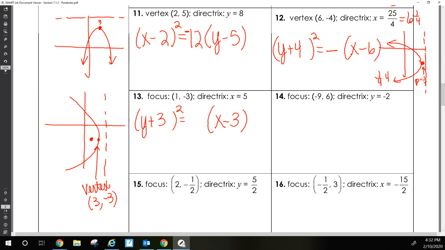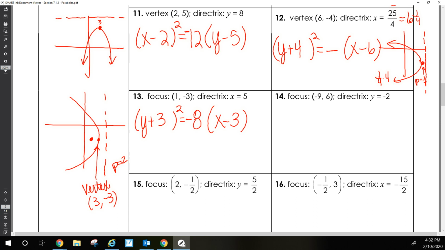What did we say the distance was between the vertex and here? Distance between 1 and 3 is 2. Distance between 3 and 5 is 2. So our p-value here is 2. 4p is going to be 4 times 2, which is 8. And since we are opening to the left, this guy is going to be a -8.